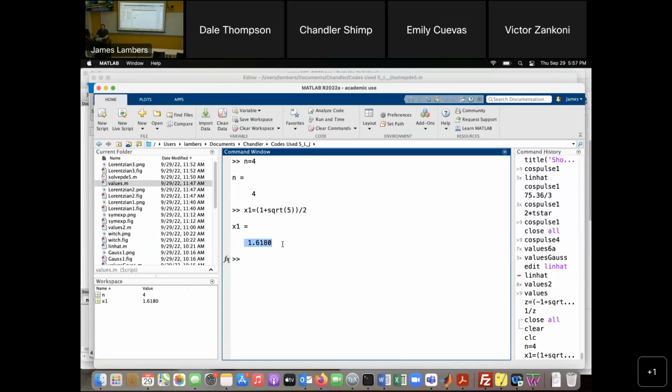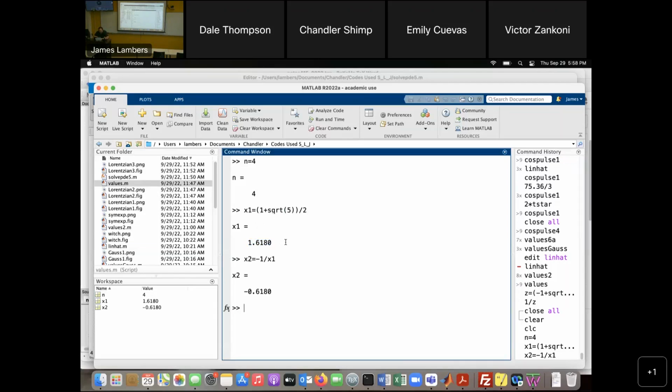Can anyone tell me what this number is, what it's called? The golden ratio. Yes, it's the golden ratio. And for x2, I could type out 1 minus square root of 5 over 2, but I already know that x1 times x2 is equal to minus 1. So I can do that. So that's the upper root.